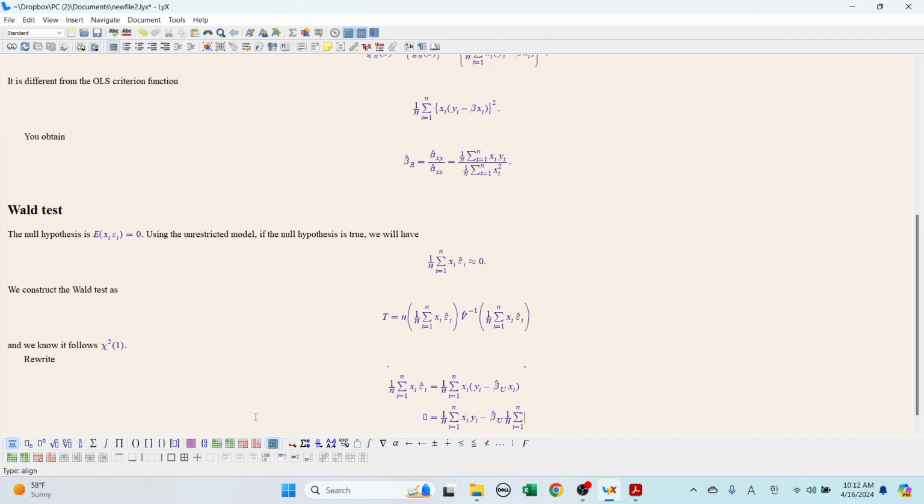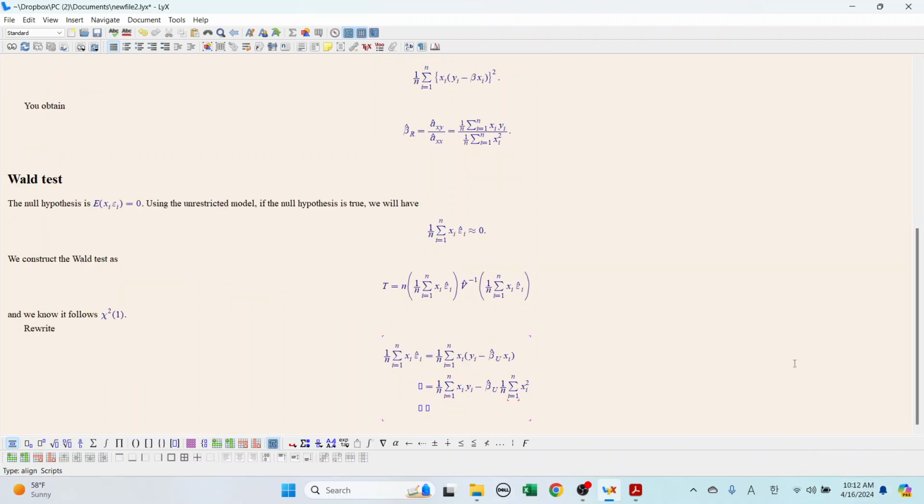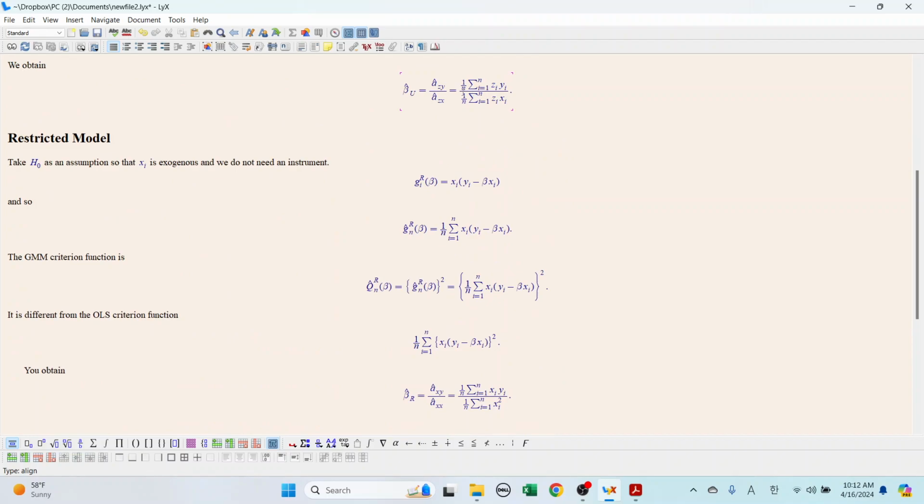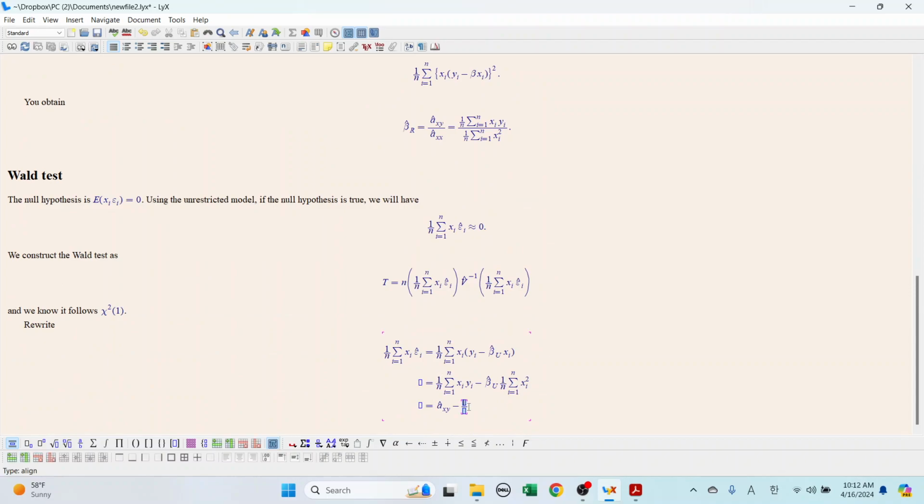So you can rewrite everything like this, and using the notation I introduced above, the unrestricted beta was this guy. So copy it and place it here, times this. Okay, this is our test statistic, the basis of our test statistic.